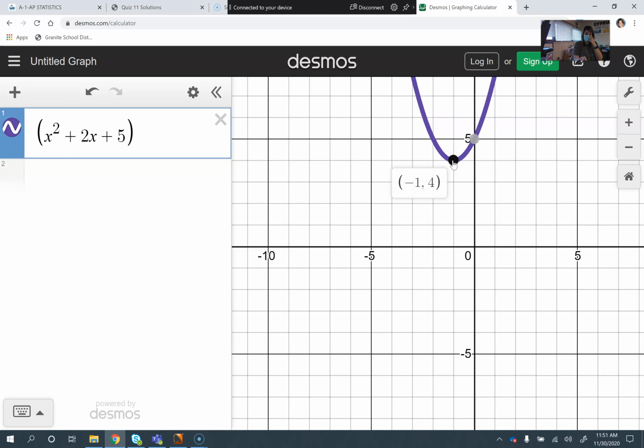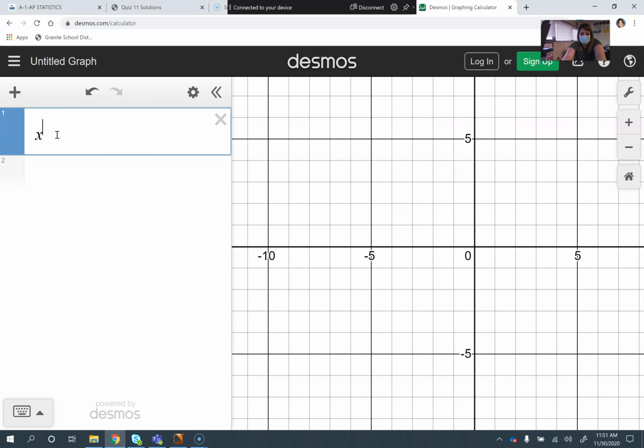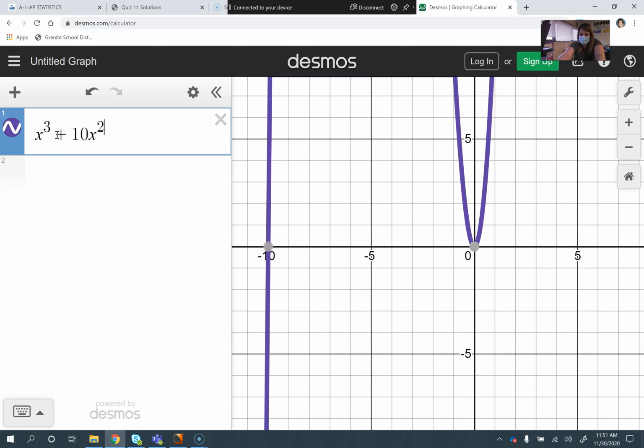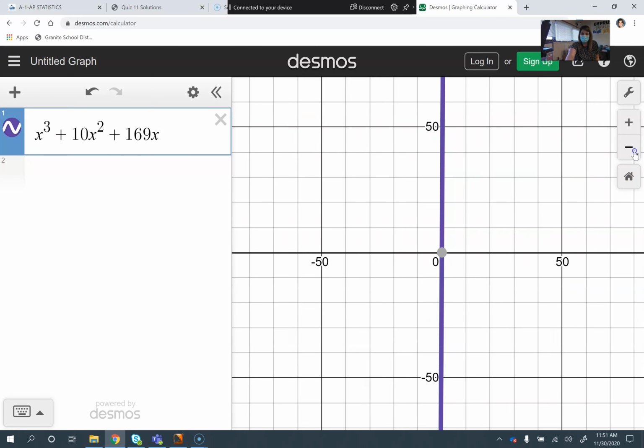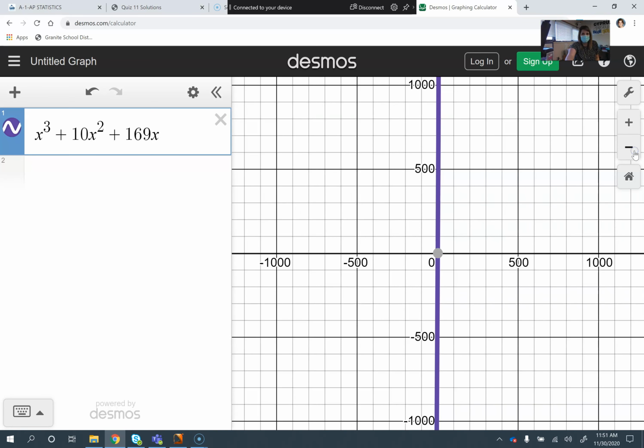Are you okay with that one? Yep. Okay, so then the next one is cubed plus 10x squared plus... Okay, so now I zoom out on this one and I'm like, well, what in the hell?